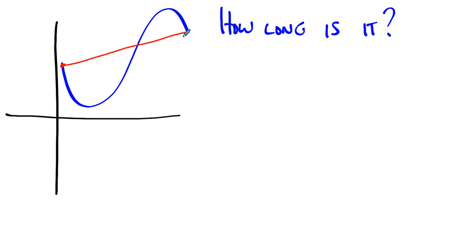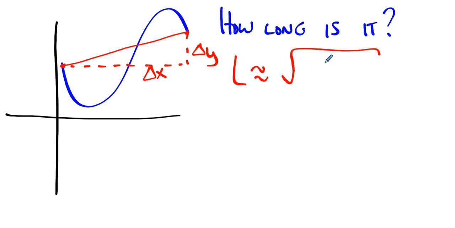If it were just a line segment, we would figure out its length by figuring out the change in x and the change in y, and we'd say it's approximately the square root of change in x squared plus change in y squared. You're like, yeah, but that's just one segment. Surely we could do better.